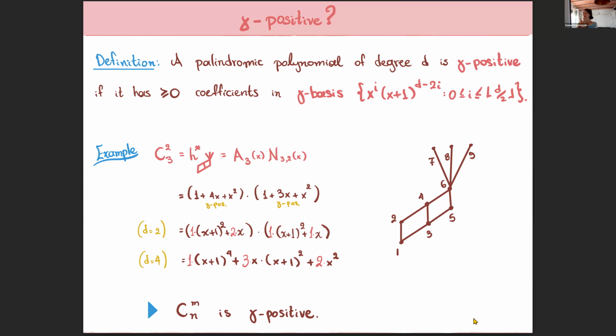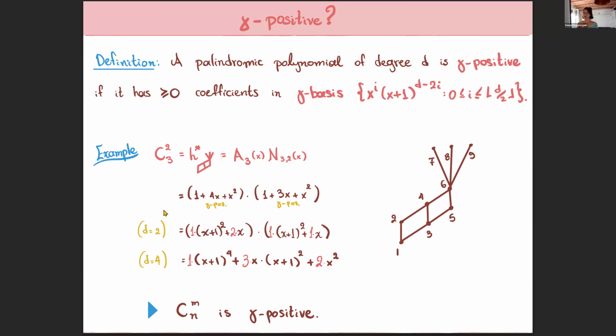Great. So I want to talk about gamma positivity that, for example, Julia talked about yesterday, and it is a property of palindromic polynomials. A palindromic polynomial is gamma positive if it has non-negative coefficients in the so-called gamma basis. For example, the Eulerian polynomials and the Narayana polynomials are known to be gamma positive.